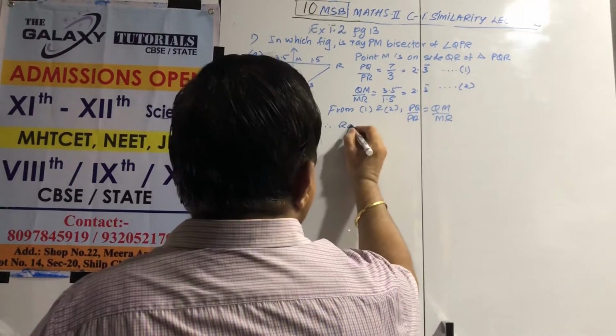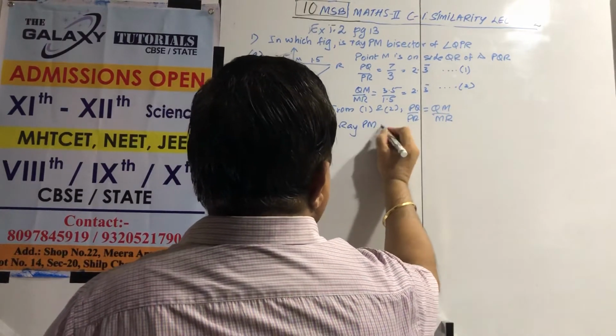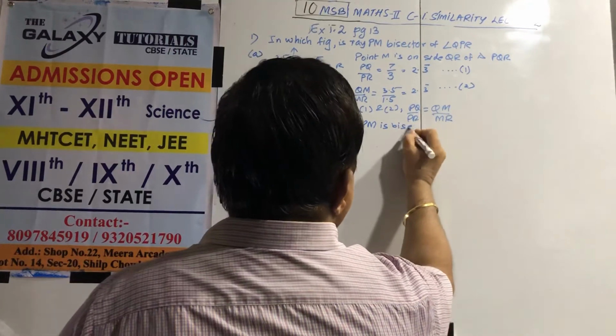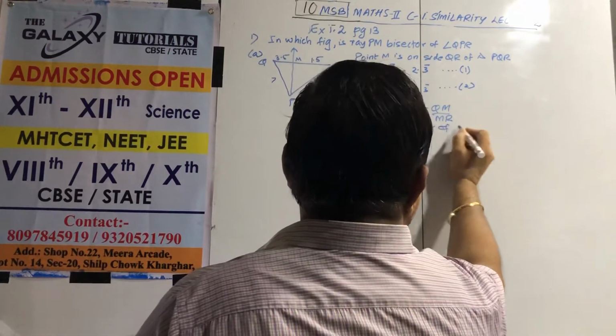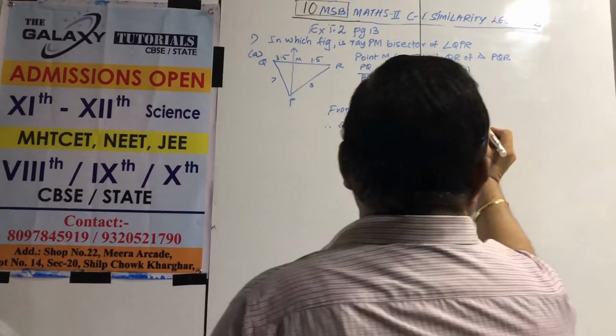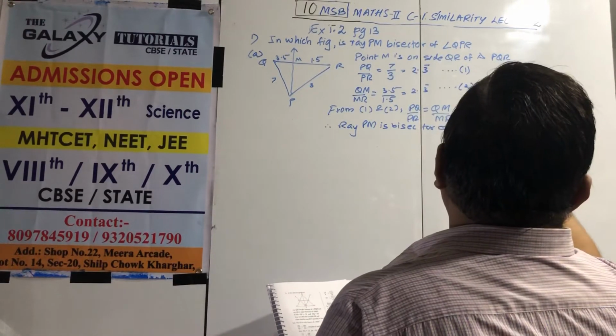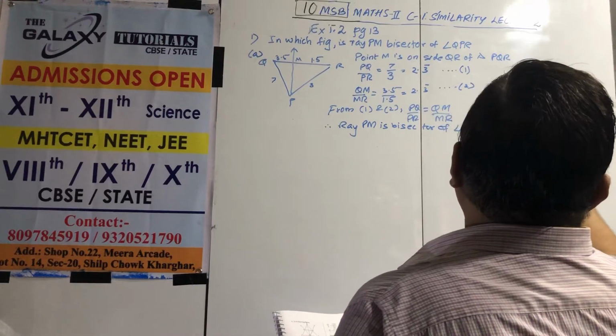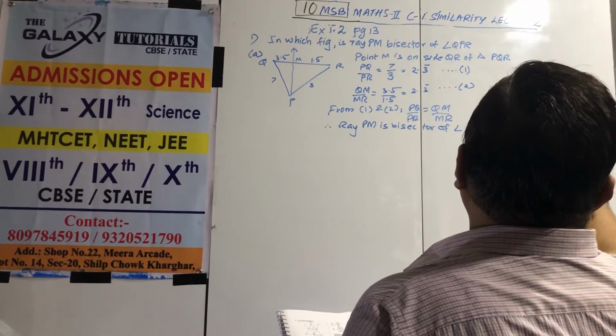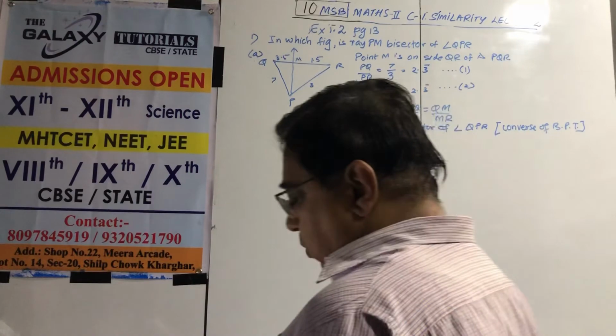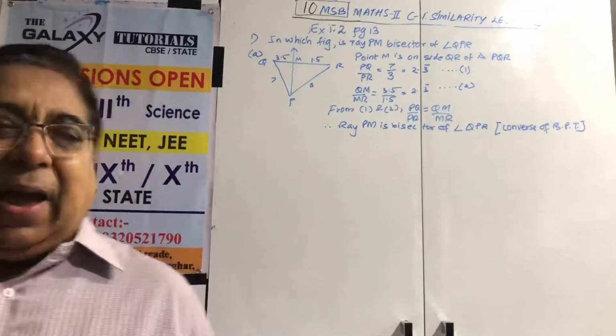Therefore, ray PM is the bisector of angle QPR, converse of basic proportionality theorem. If ratios are equal, the line is parallel.